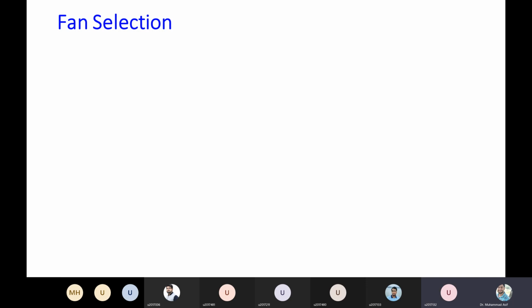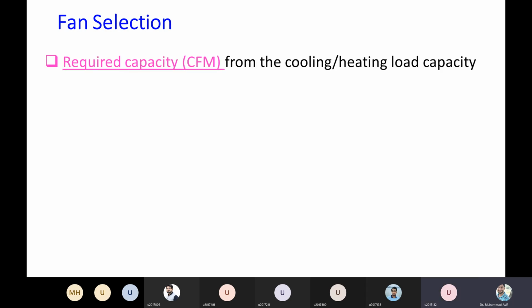Sir, the power required, the amount of heat dissipation that will be needed. I mean, you have to select the fan based on the previous slides that I have explained to you. First of all, you need the required capacity, meaning the flow rate of the air that is required.